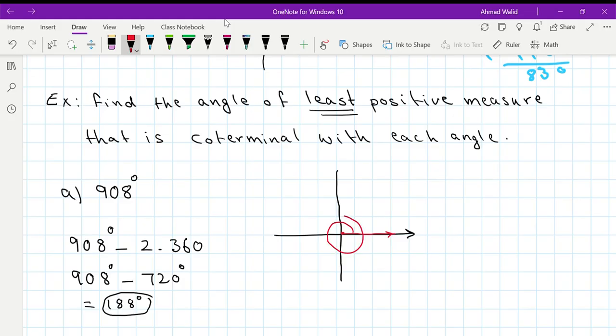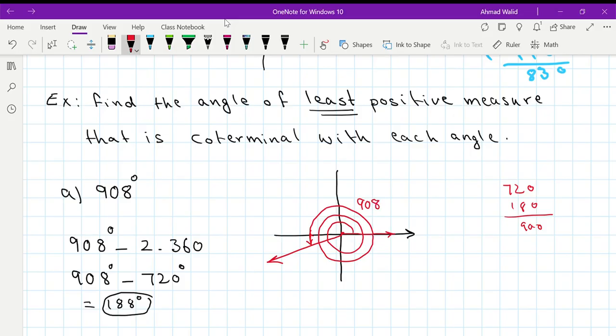If I do another round, it gives me 720. And if I do half a round, 720 plus 180 gives me 900, right? And because it's 908, a little bit more than that, like up to here. This angle is actually 908.